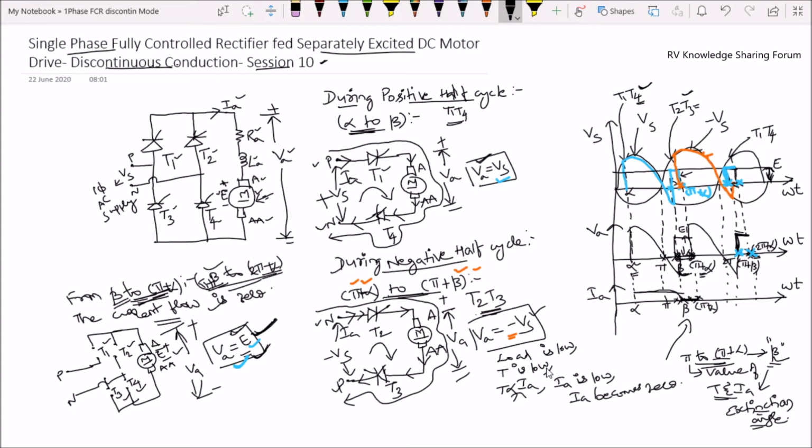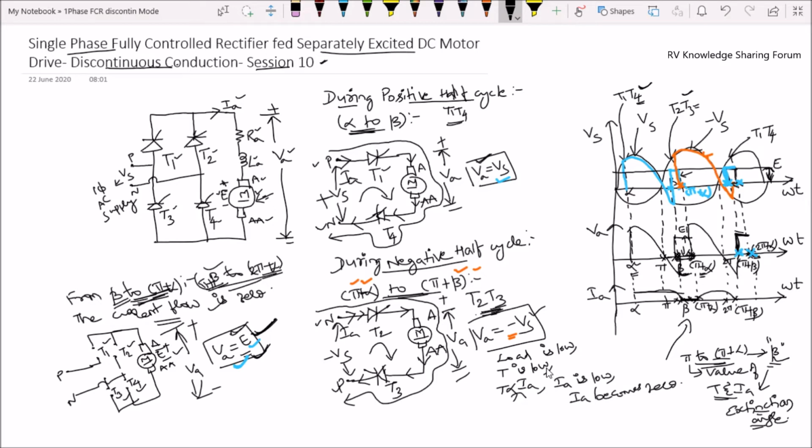Now let us draw the current for the negative half cycle. From pi plus alpha to pi plus beta, the current flows through the thyristors T2 and T3. So this is our pi plus beta point, and this is the angle 2 pi.